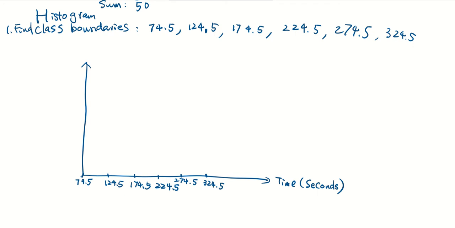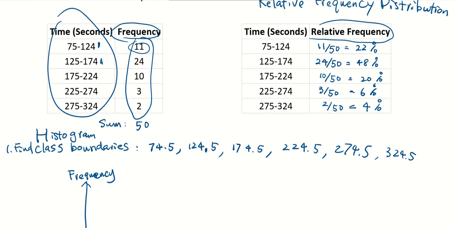Okay, so the vertical axis is the frequency. So it's frequency over here, frequency over here. So let's look at the frequency numbers.